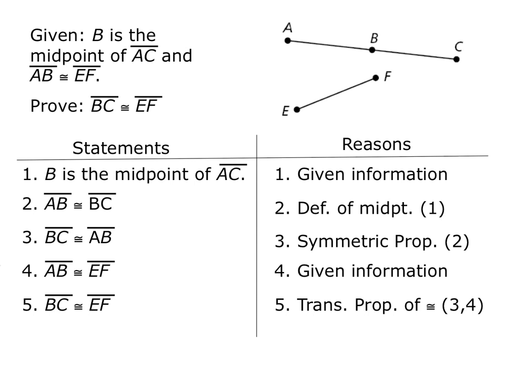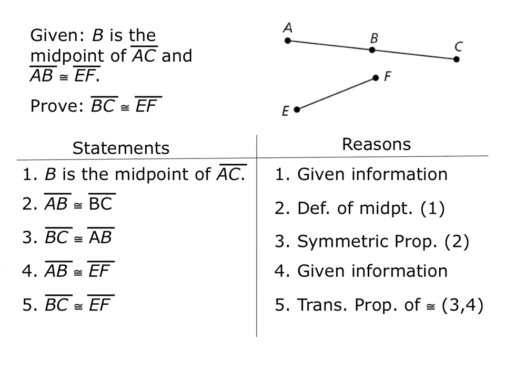So write down number 1. B is the midpoint of segment AC, given. Now before you really look at line 2, think about what's it mean if there's a midpoint? What's that definition? Splits a segment into equals. I'm going to change one word for you to congruent segments. Okay?